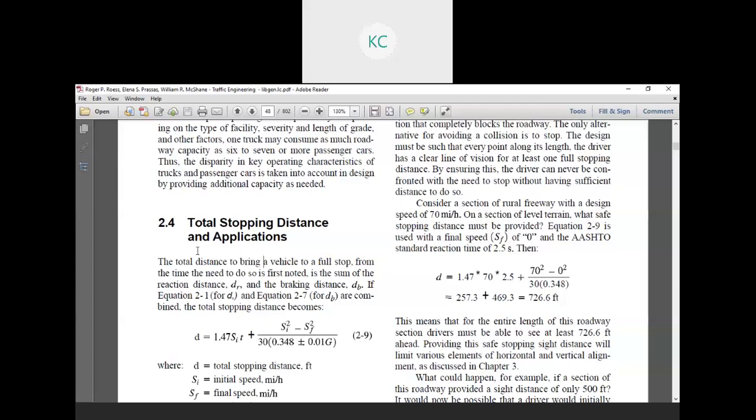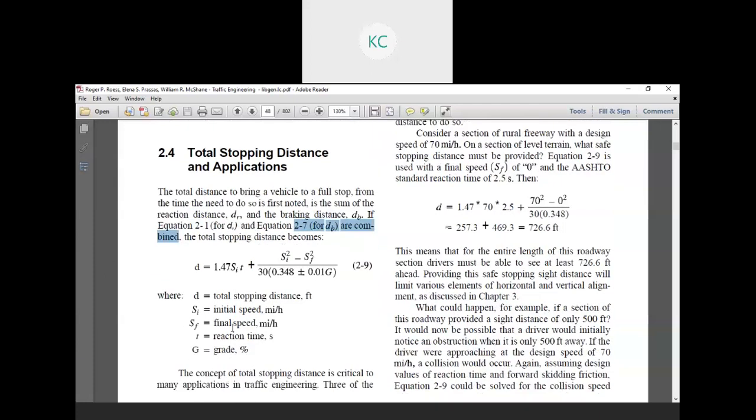is known as the stopping distance. The total distance to bring a vehicle to a full stop from the time the need to do so is first noted is the sum of the reaction distance dR and the braking distance dB. So the equation is d = 1.47 Si t + (Si² − Ss²) / (30 (0.348 ± 0.01 G)).